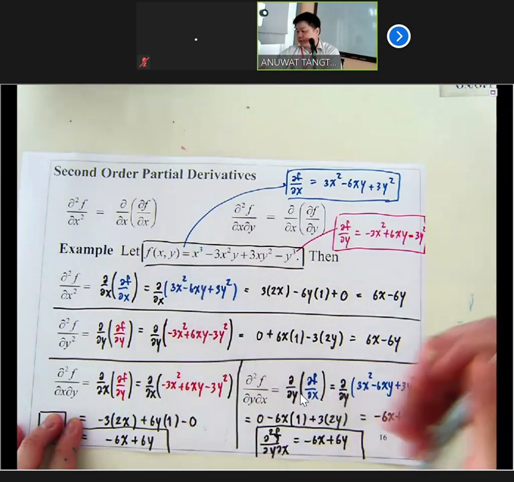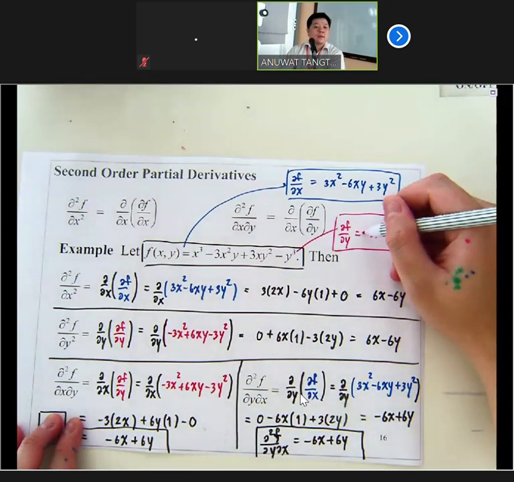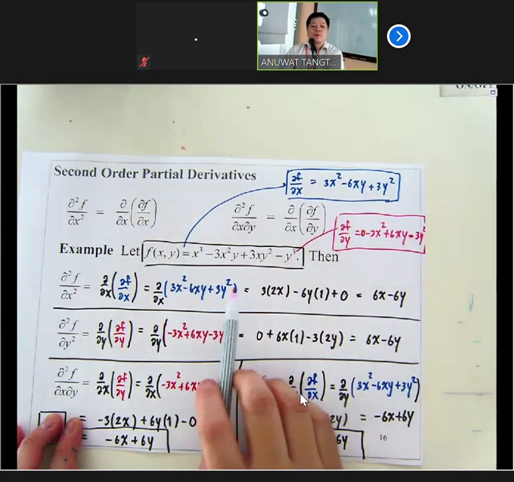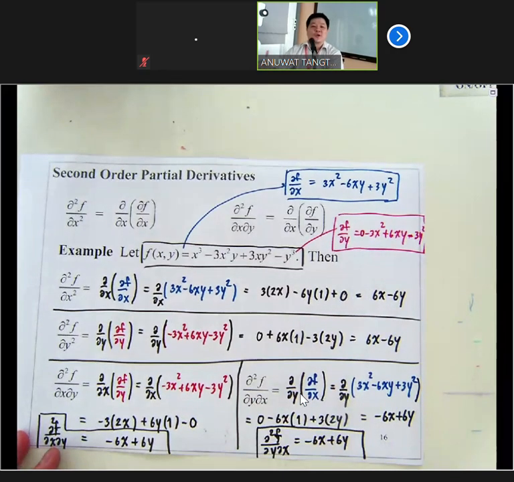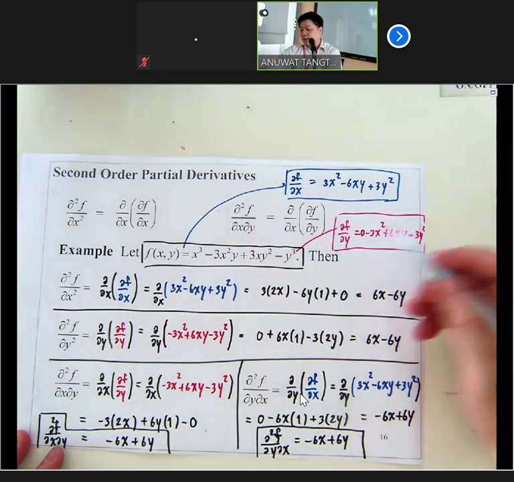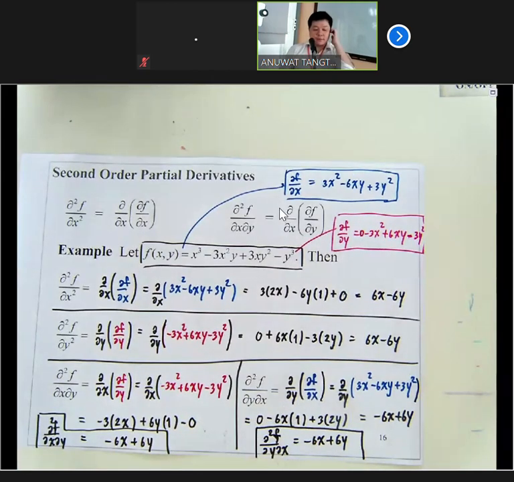Maybe I need to put 0 there. And this is minus 3x squared, and dy by dy becomes 1. Okay, we have done this before. I just copied the solution of the previous solution here. Okay, understand now?